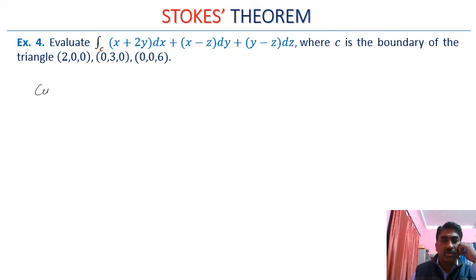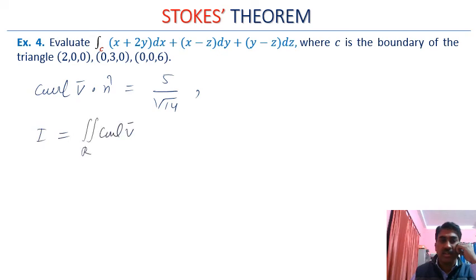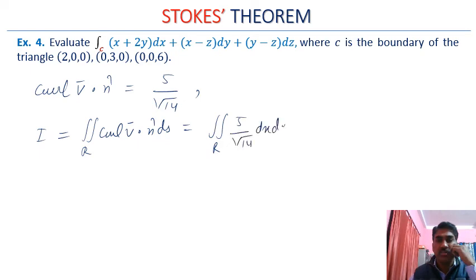Because curl v dot n becomes 5 by root 14, and we have I equal to the surface integral of curl v dot n ds, we just get the surface integral over the region bounded on the xy plane by the triangle, 5 by root 14 dx dy.